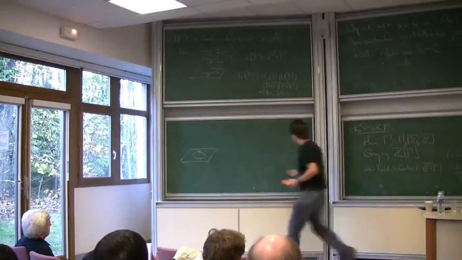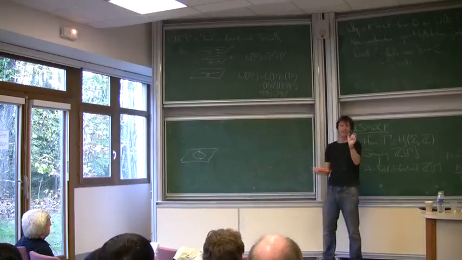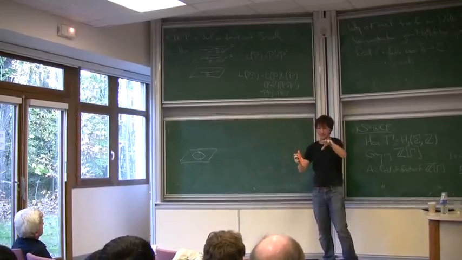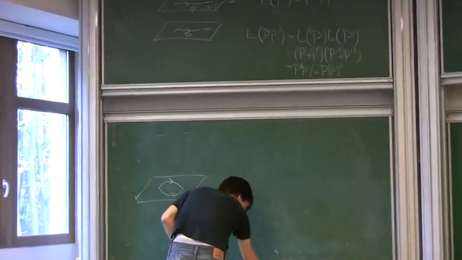Right. Because of this composition property, I really only have to tell you what happens when I cross one S-wall. And then if it crosses multiple S-walls, I'll just build it up by composition. So what happens when the path crosses one S-wall?